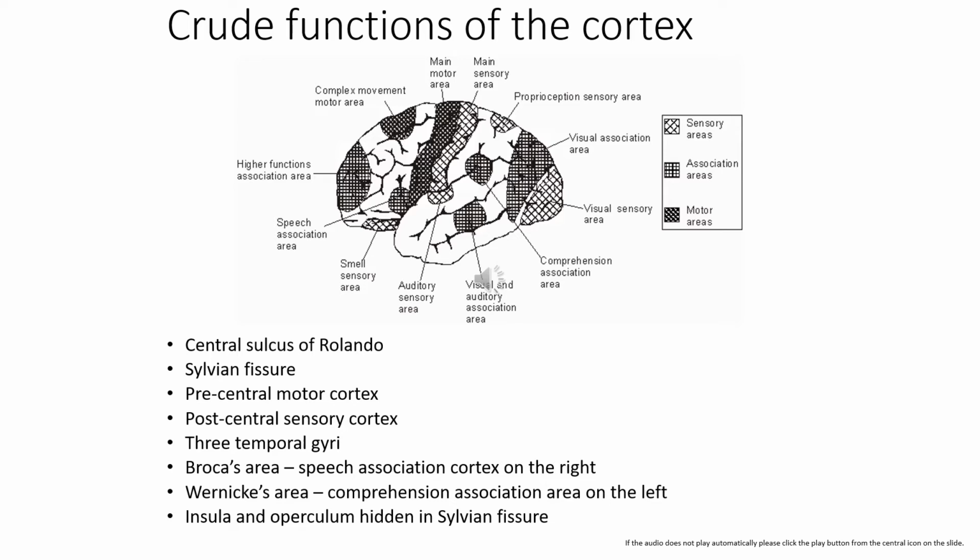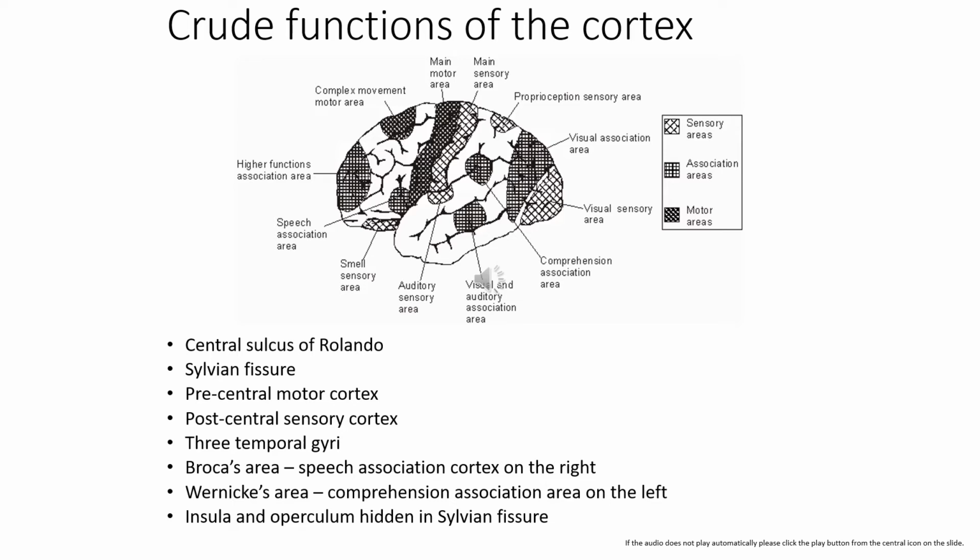Note Broca's area at the anterior aspect of the Sylvian fissure. This is the speech association cortex on the right side, and Wernicke's area, which is a comprehension association area on the left side, near the supramarginal gyrus at the posterior aspect of the Sylvian fissure.